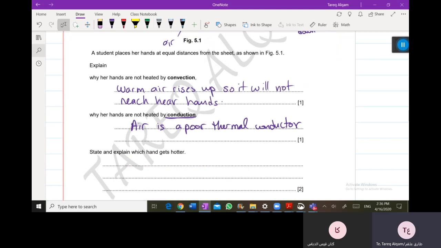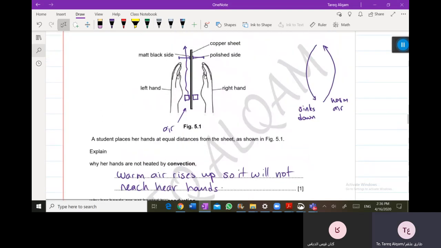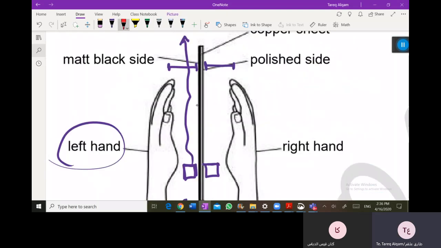State and explain which hand gets hotter. The hand that will get hotter is the left hand. The heat will transfer to her hands by radiation. Which one will emit more radiation?